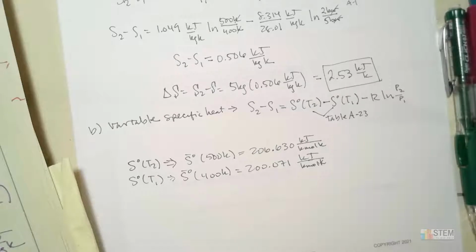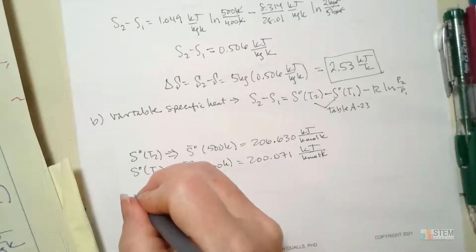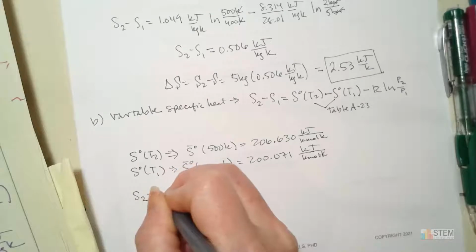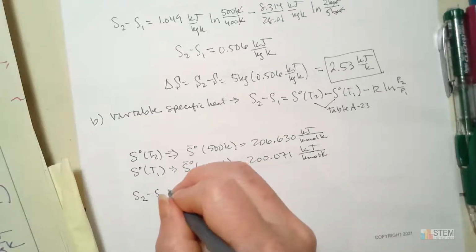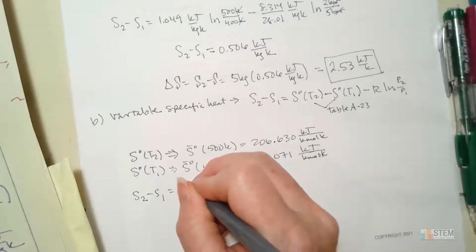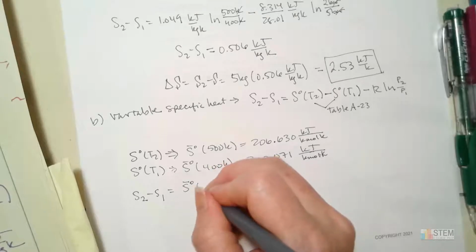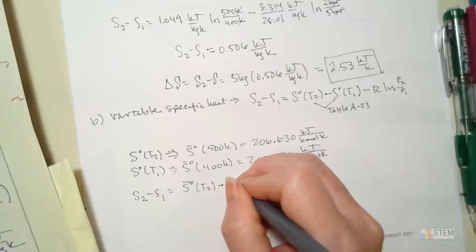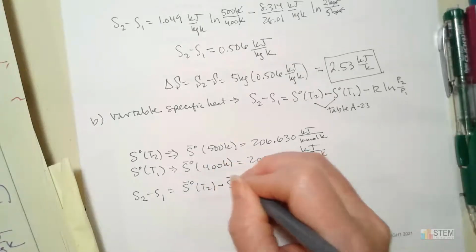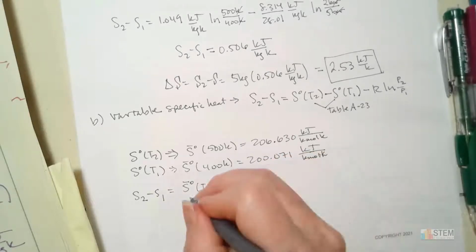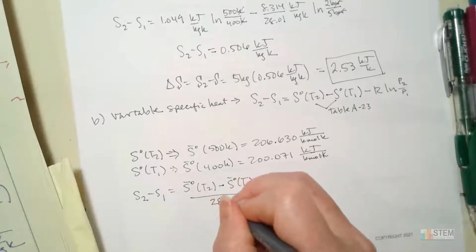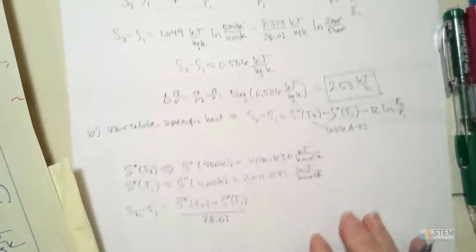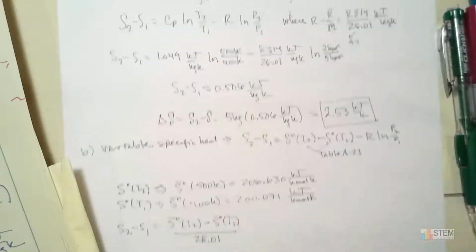Okay, now the way we're going to get rid of this kilomole is basically by dividing by the molecular weight. So let's do that next. So S2 minus S1 is going to be the S bar term at T2 minus the S bar term at T1. And we're going to divide that by molecular weight, which is 28.01, right? That's what we had up here.